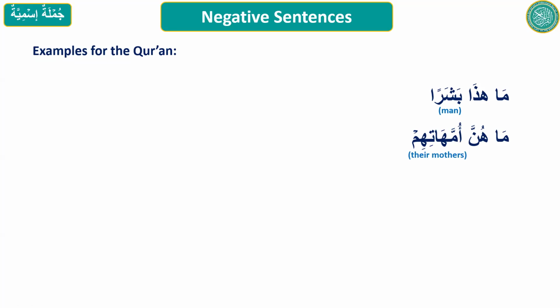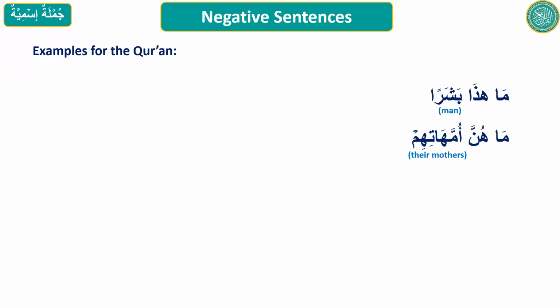All right. I want to say they are their mothers. A positive sentence. What will be the Arabic? Hunna ummahatuhum. Say it again. Hunna ummahatuhum.